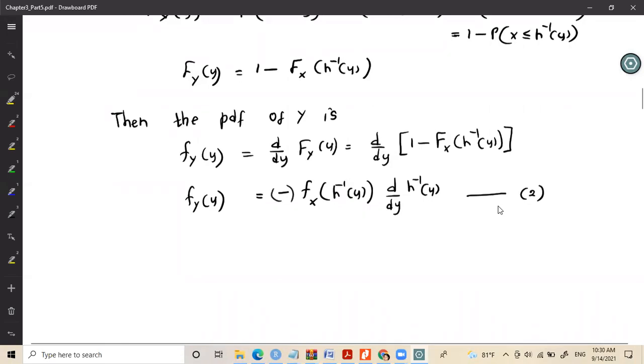Now, what is f_X? I'll give you a hint. It is a density function. What are the properties of the density function? Those are probabilities. Can probabilities be negative?